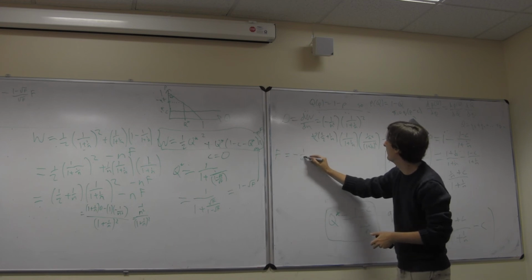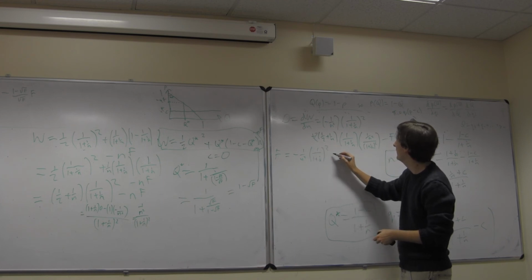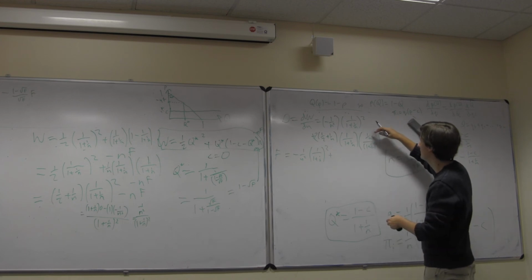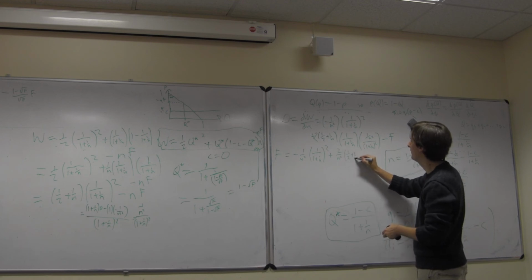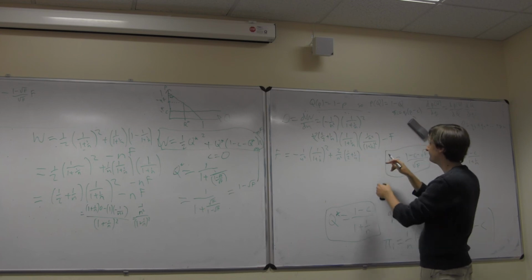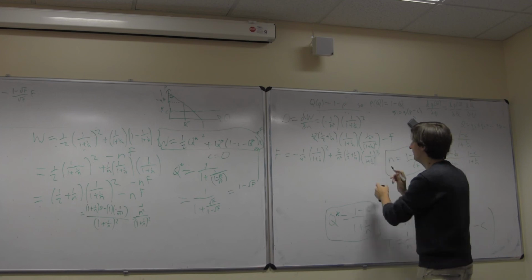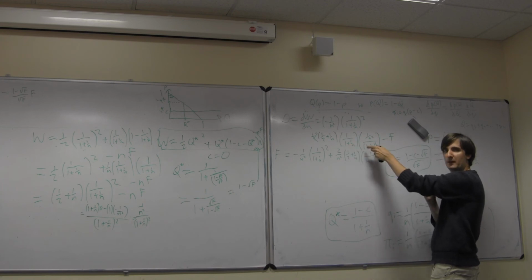First term was minus 1 over n squared times 1 over 1 plus 1 over n squared. And then we're taking this 1 over n squared out, okay? So we've got 2 over n squared times half plus 1 over n. All times 1 over 1 plus 1 over n cubed. Okay, we've got 1 from there, we've got 2 from here.